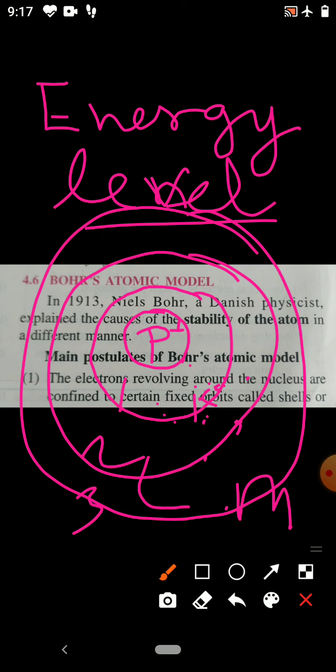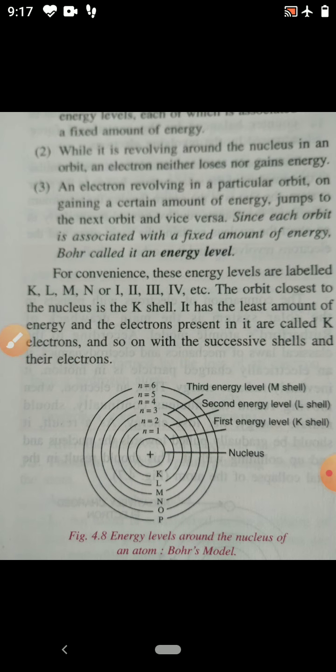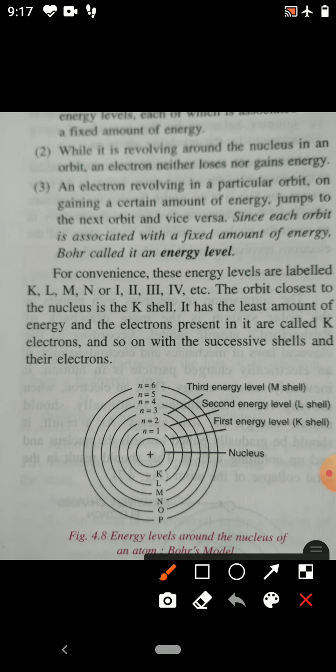So Bohr's model gave a definite location and mode of rotation of the electron around the nucleus. So definite location means there is the nucleus. Around the nucleus, there are different energy levels.